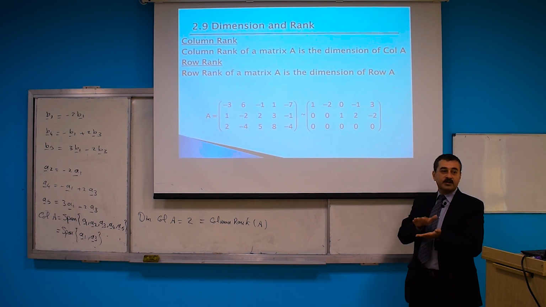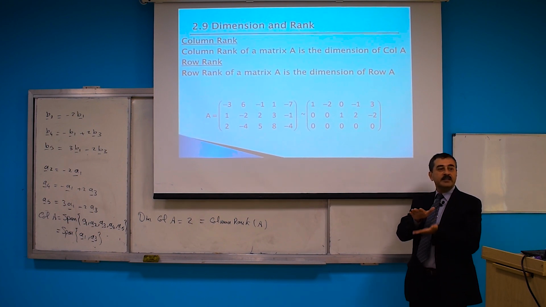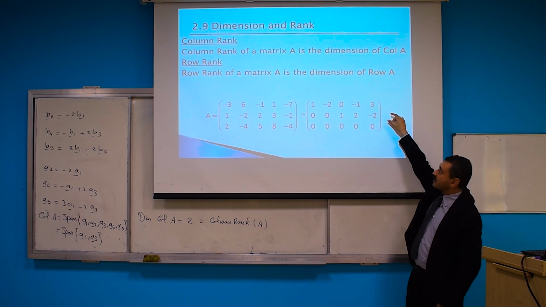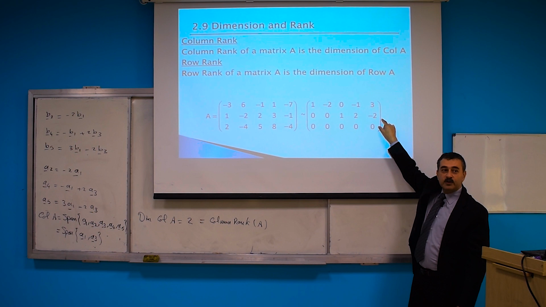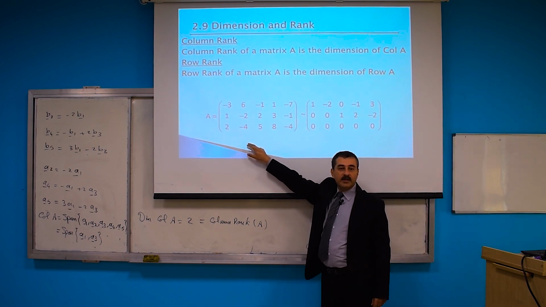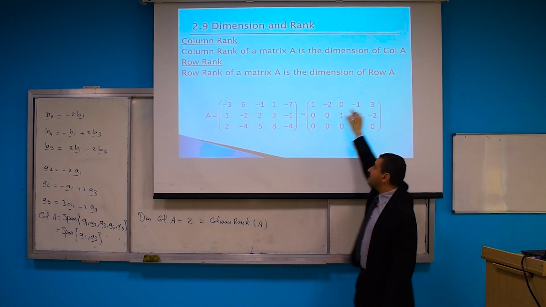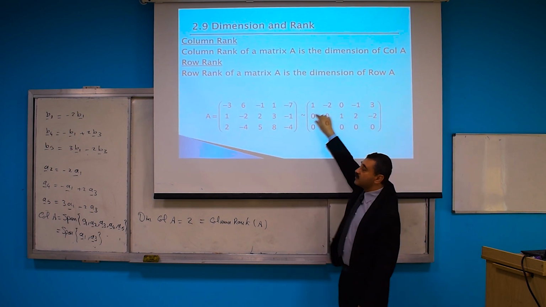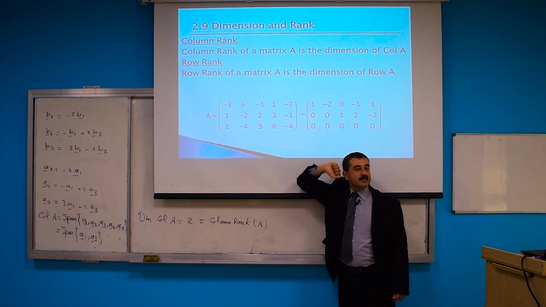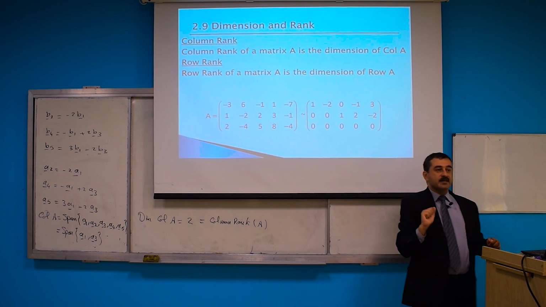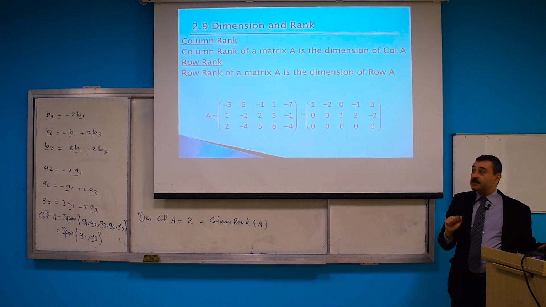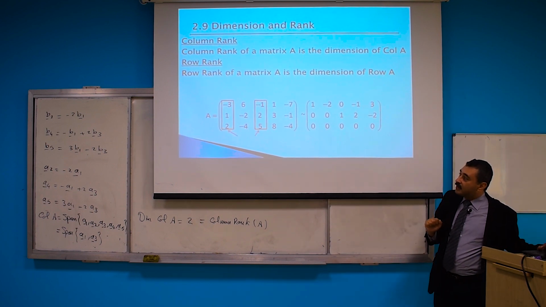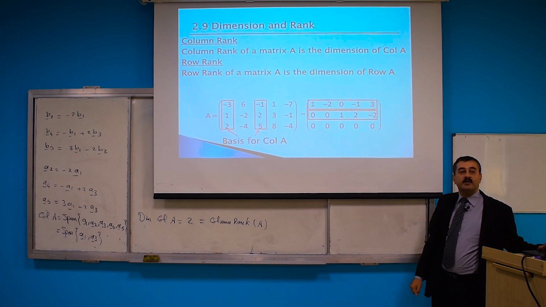So Gauss elimination or row reduction will remove any linear combination in the rows. You end up with some rows that can form all your rows in the original matrix. So I can take these rows as the basis for the row space. These are the basis for the column space, and these directly are the basis for the row space.